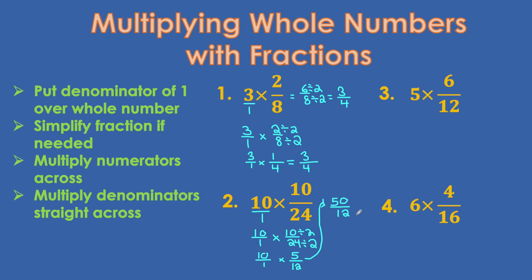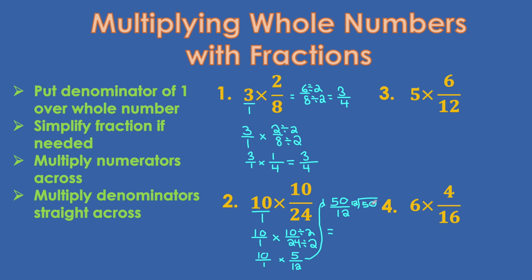We always want a proper fraction. So in order to have a proper fraction, we can change it into a mixed number. And in order to do that, we're going to divide the numerator by the denominator. So let's divide here. 50 on the inside and 12 on the outside.